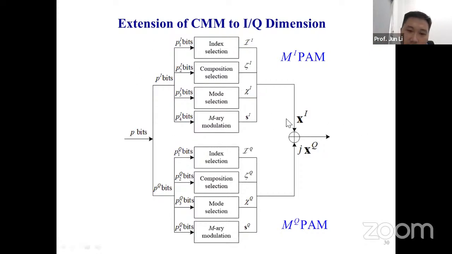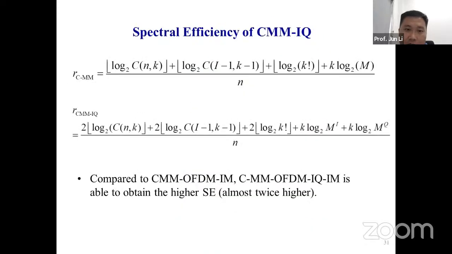So this one is a small part of composite multiple mode IM, and this is another part of composite multiple mode IM. If we combine these two parts, the spectral efficiency of the composite IM IQ will be better than the composite multiple mode IM, right?